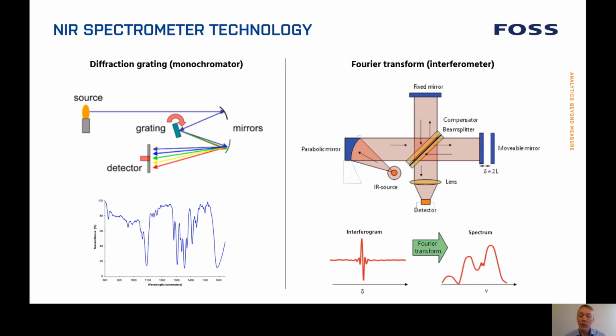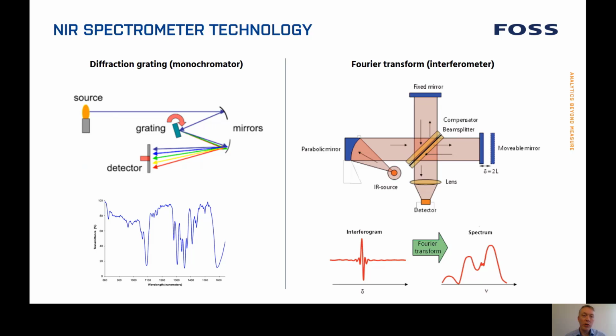The signal recorded on the detector is a so-called interferogram, and it is the variation of the light as a function of the displacement in one of the arms. When the interferogram is Fourier transformed, you get the spectrum, hence the name Fourier transform spectroscopy. A laser keeps accurately track of the displacement in the arm, and this is the reference for the wavelength or wave number calibration of the spectrum.